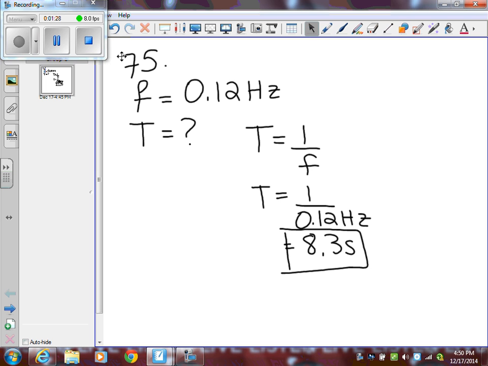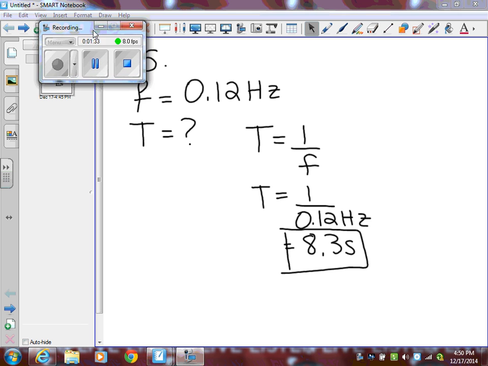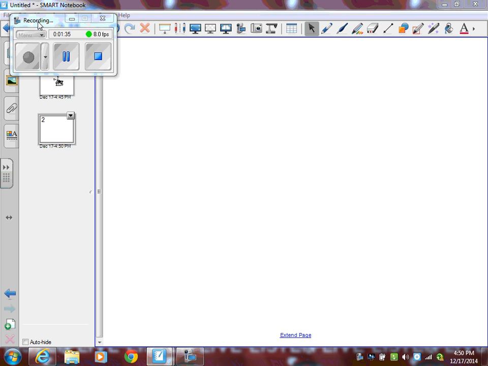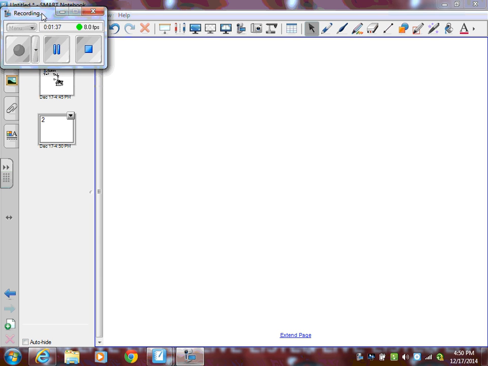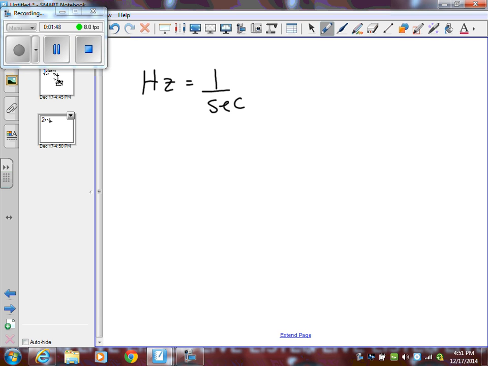Now, if you're wondering how the units work, I'll quickly show you. The units work because hertz is really 1 over a second. And therefore, with our formula, we had T equals 1 over f, which showed us that we were having 1 over 0.12 hertz.